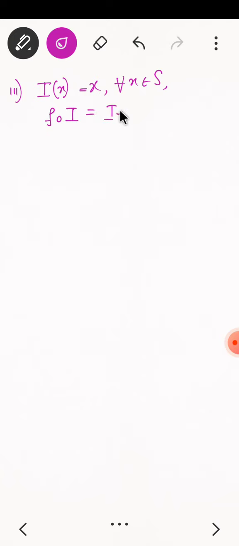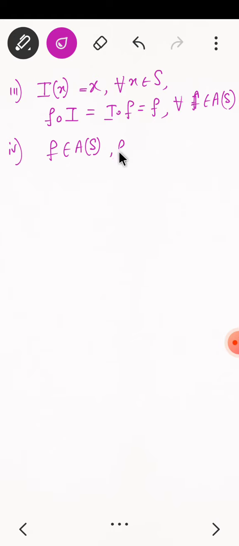And third is the identity mapping, I(x) equal to x for all x belonging to S. I, the identity mapping, is the identity element of this group for all f in A(S). So the identity element exists. Next we check the inverse. For any f belonging to A(S), f inverse is also in A(S).